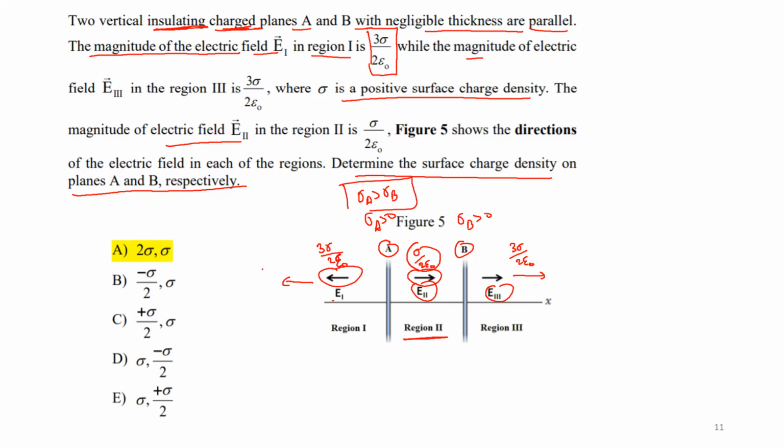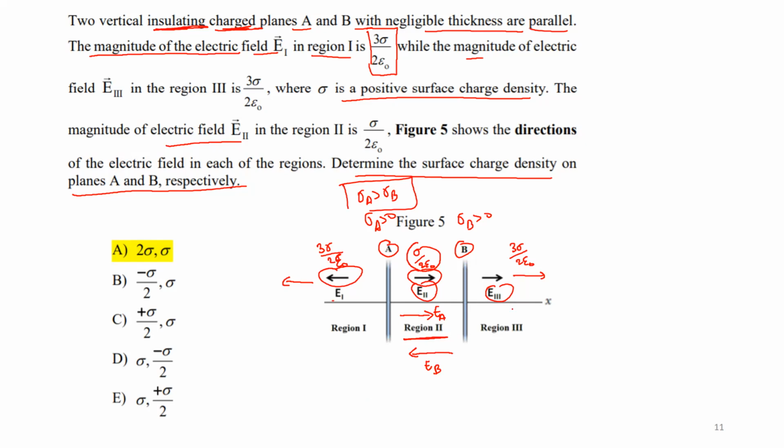Anyway, so I know that sigma A and sigma B should be positive, such that here in the middle, if sigma A is positive, the electric field is pointing away. So this is EA. If sigma B is positive, EB will be in the opposite direction here, EB.